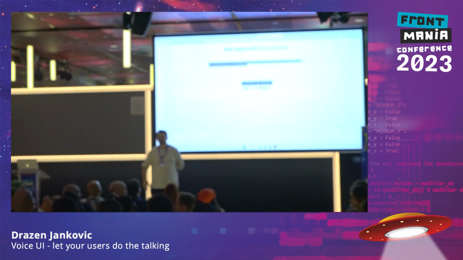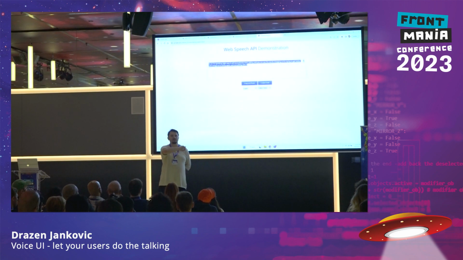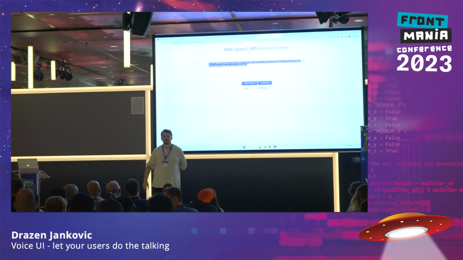Do you know if speech API is implemented at OS level or at browser level? I think it's browser level, but communicating with the OS level, because most OSs have some kind of voice input recognition, so it's just communicating back and forth there. The browser is not implementing anything, it's just talking to the OS, right?